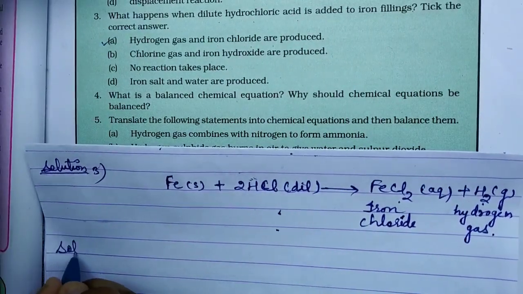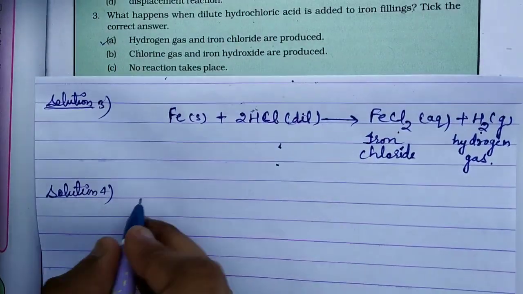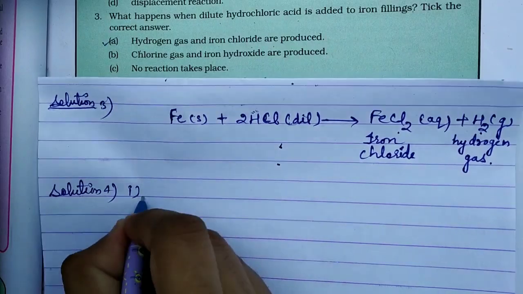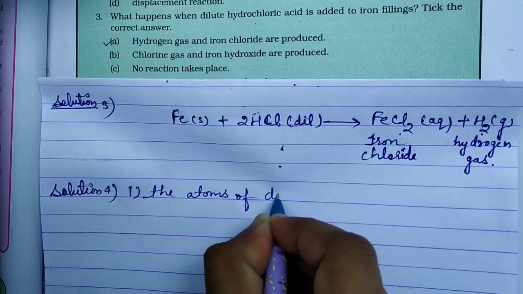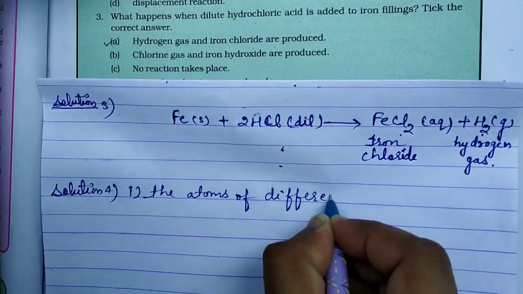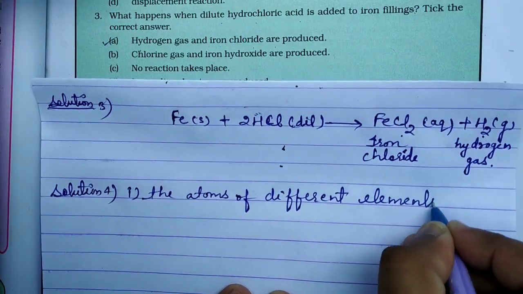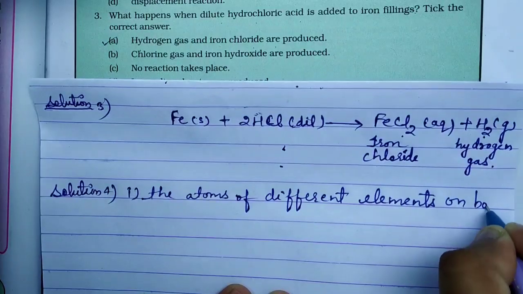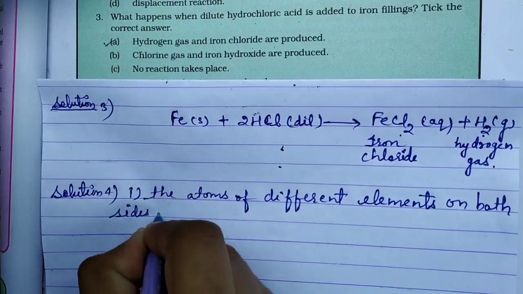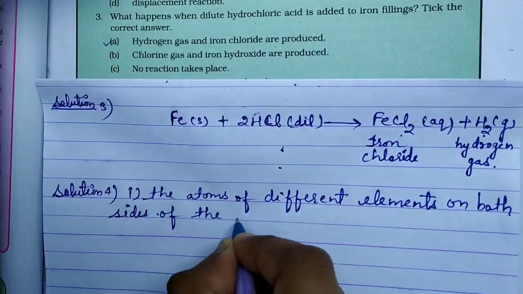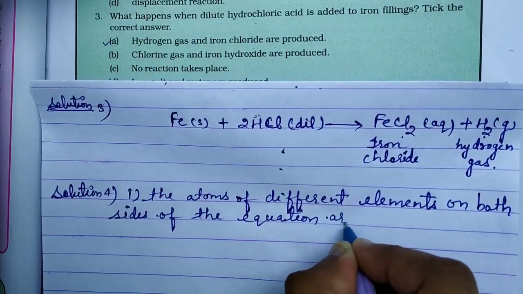Solution number 4. The first point: the atoms of different elements on both sides of the equation are equal.